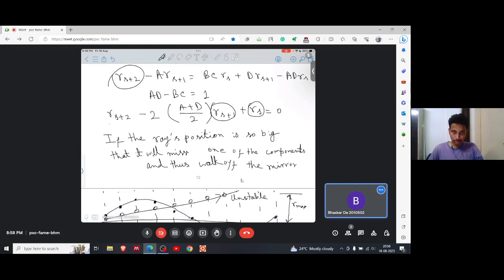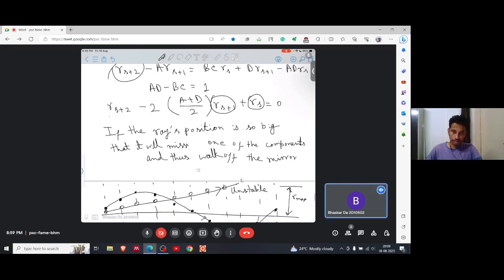From this equation we need to just find the maximum value of r, and if we know the maximum value of r, we can know the condition for which that cavity will act as a stable cavity or an unstable cavity.